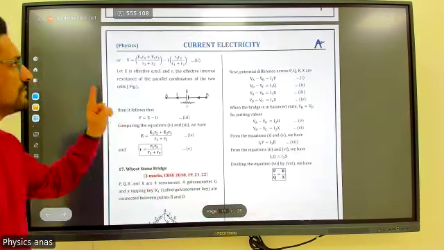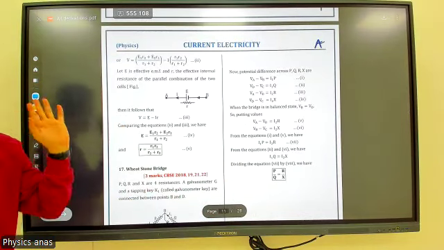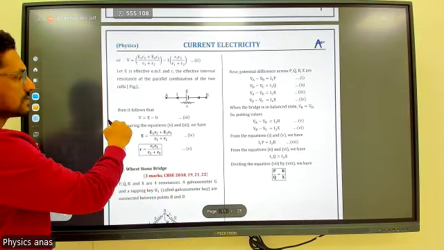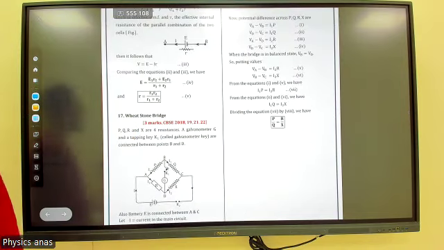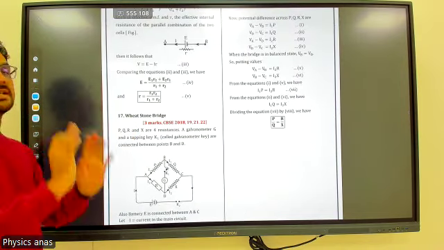This is the same derivation we have studied. You can study this derivation. This is a simple one. What is E?